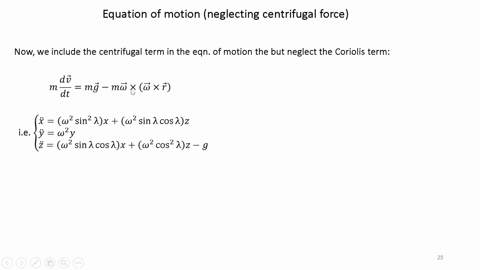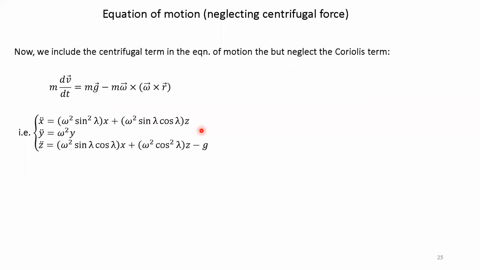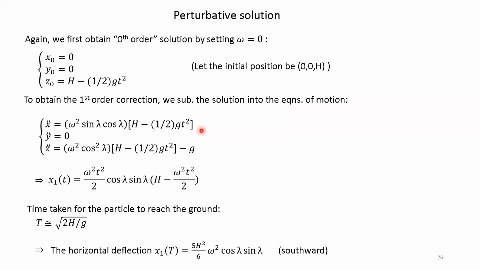I just want to show you that if you do that, you can still solve it exactly. It's not surprising, because again you are just solving a set of coupled ODEs, and therefore I'm not going to go into details for this one.